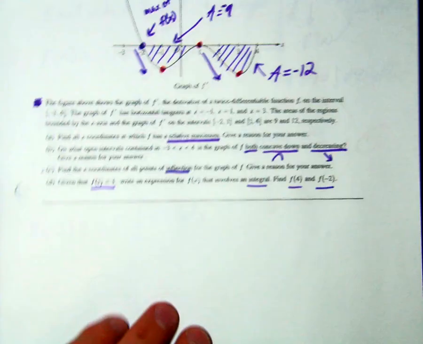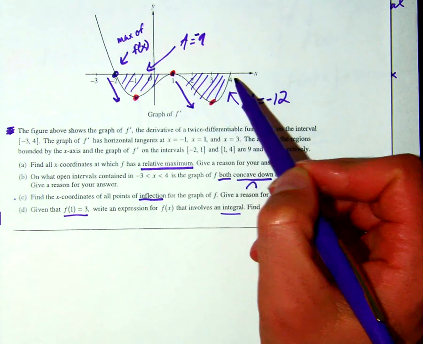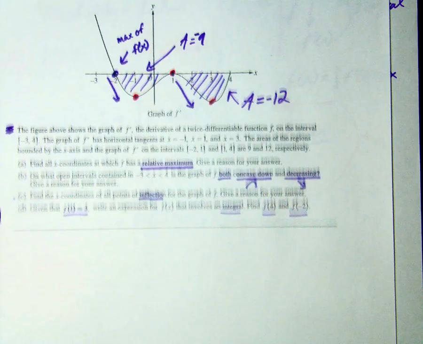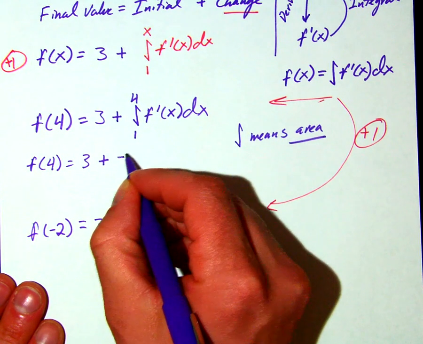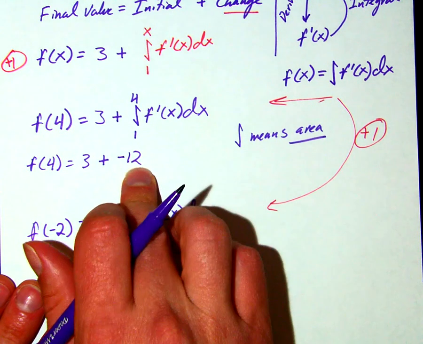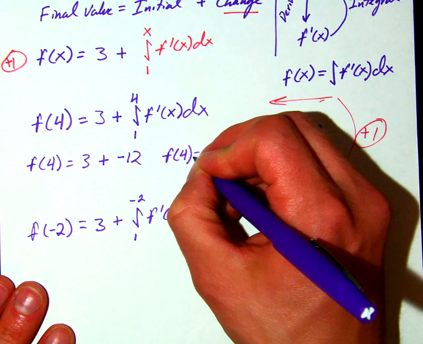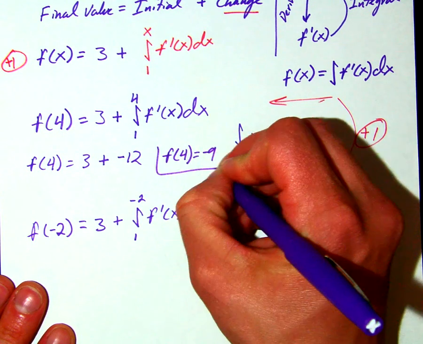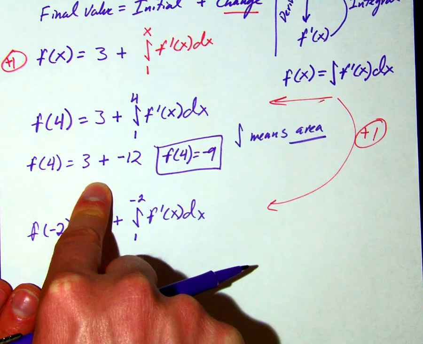So when I come back over here, the integral from 1 to 4 is -12. It's right there. So this is 3 plus -12. I'm fine to leave it like that. You would get the point right here. You could also say f of 4 is equal to -9. But don't make a mistake. If you say 15 or +9, you just lost the point.